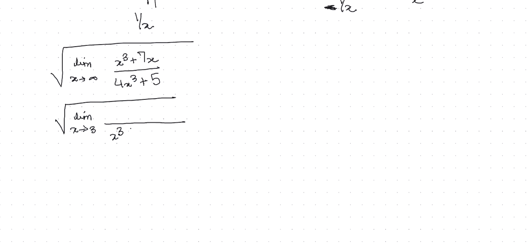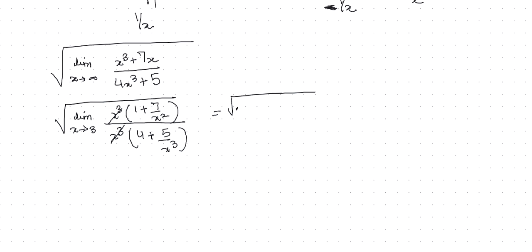So this is 5 over x cubed, and x cubed gives 1 plus 7 over x squared, so this cancels. Now we can find the limit of the numerator as x tends to infinity.